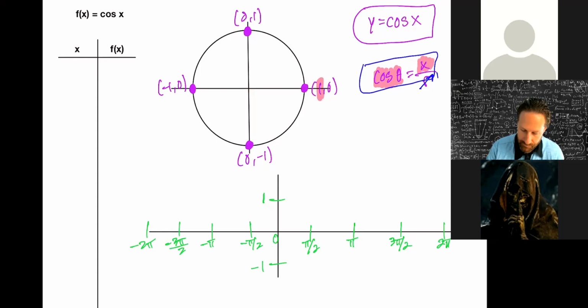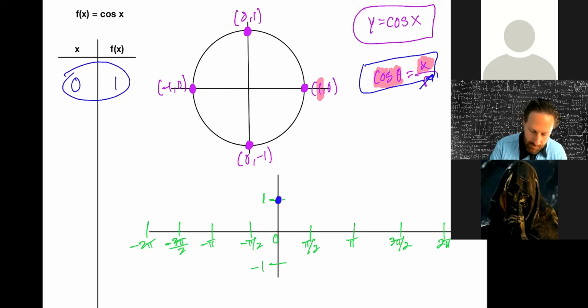Very good. It is 1. So when we plug this in, our input, our angle, for 0 radians or degrees, we get out a 1. There's my first point. 0, 1.